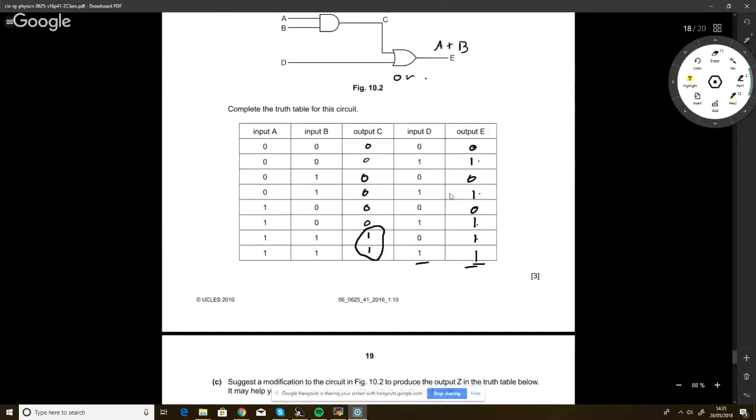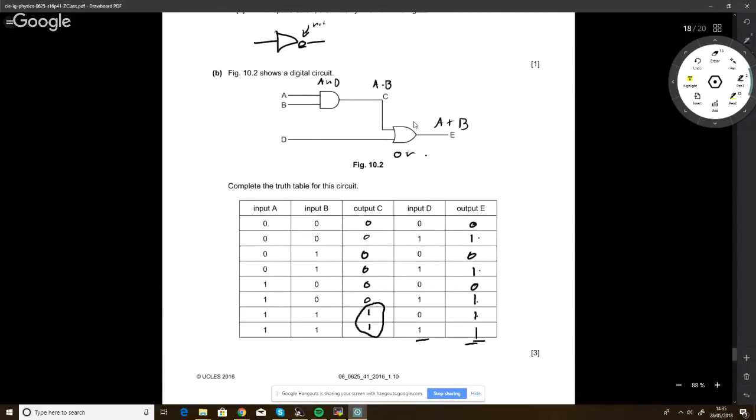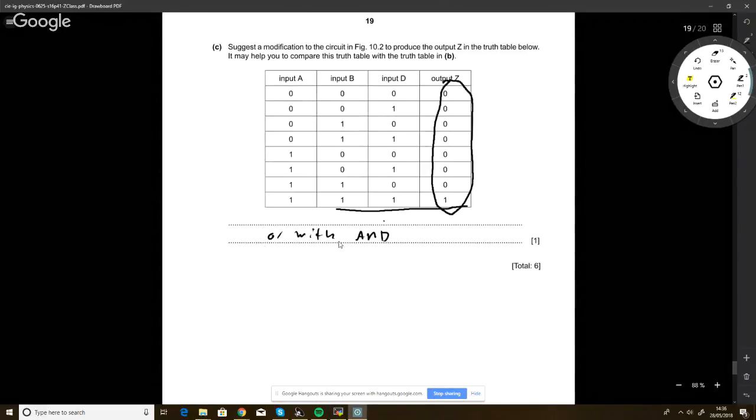That happens if we get rid of this property of needing either A or C being 1. So we need to replace it with an AND gate, so both have to be 1. So we just replace the OR with an AND.